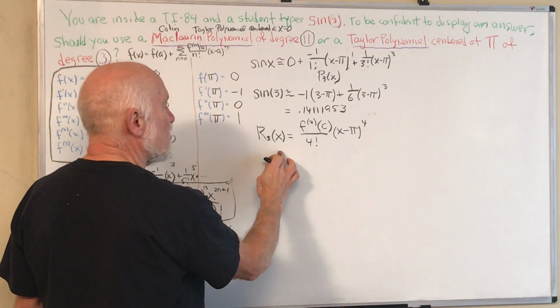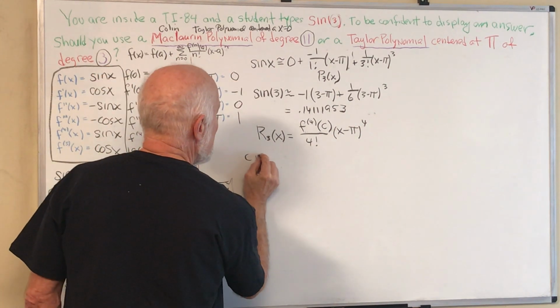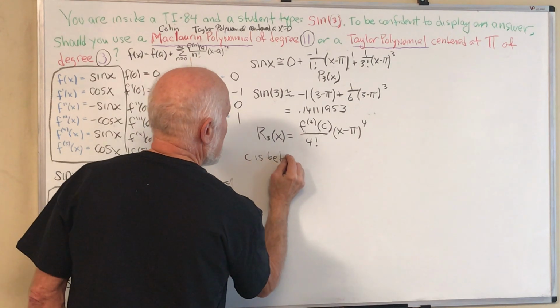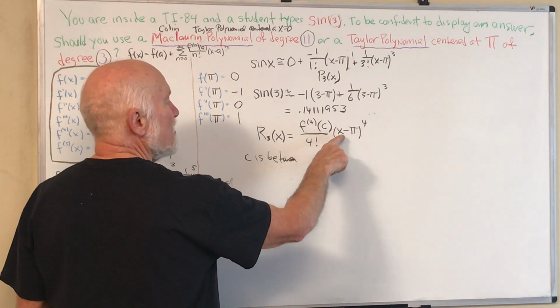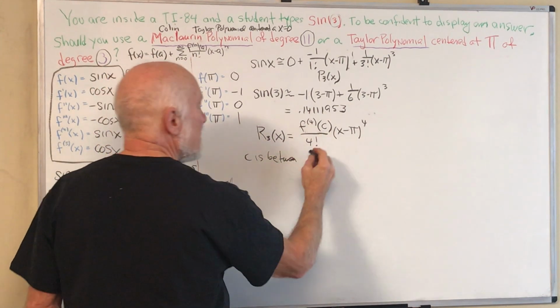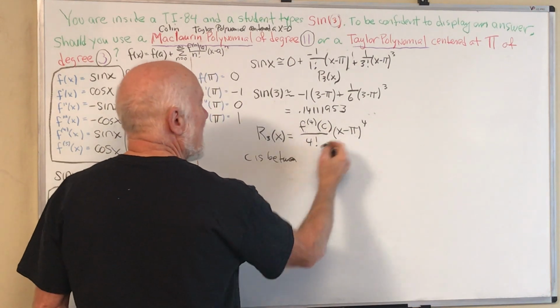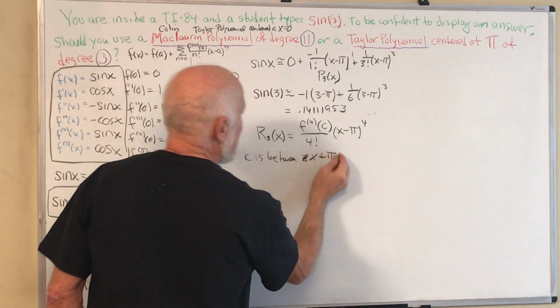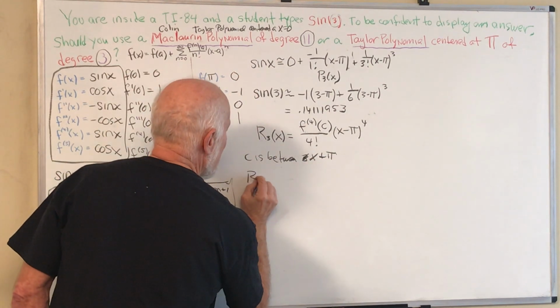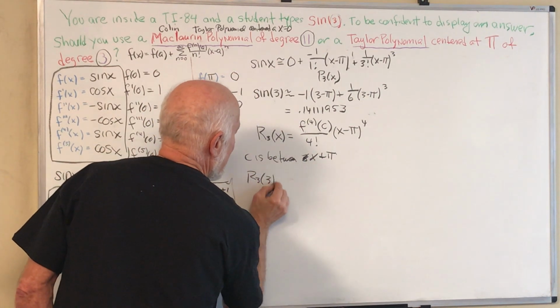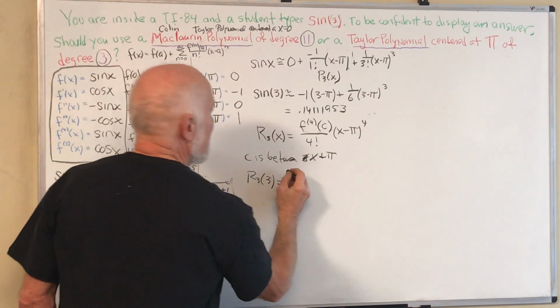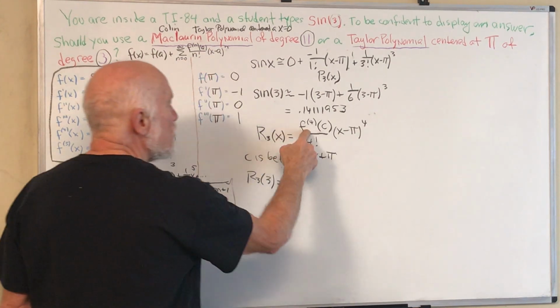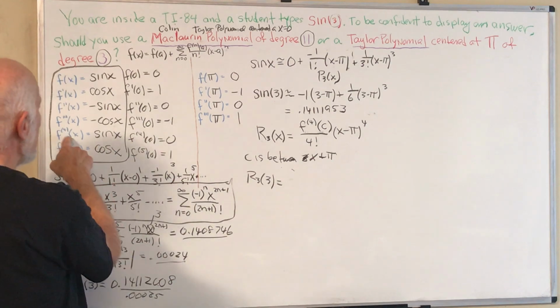And what do we know about C? C is between the number we're plugging in, 3, and, well, I'll just put x and pi. And we're going to use this at x equals 3. So we can say it's the 4th derivative at C. Well, what is the 4th derivative?